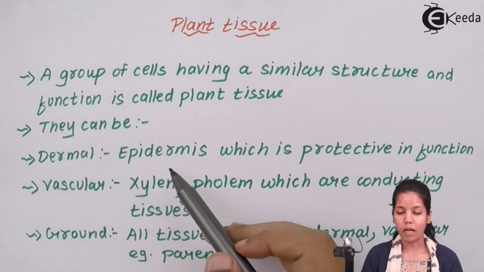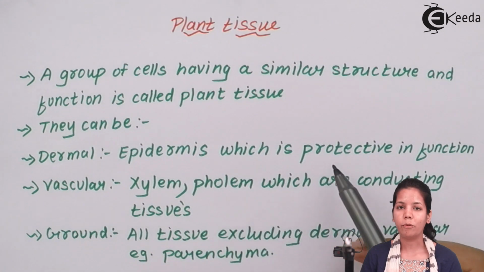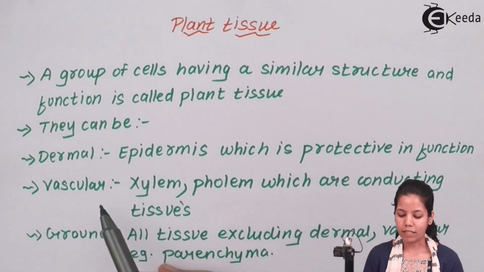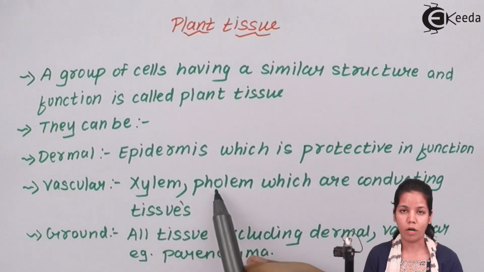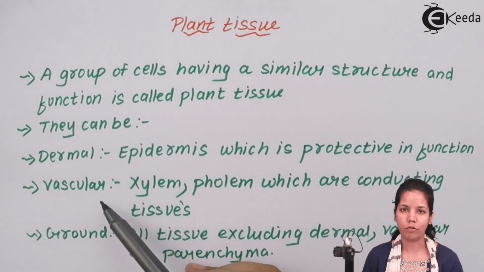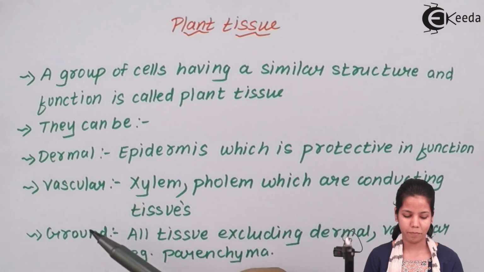Now, dermal tissues are present on the epidermis, or you can say the outer surfaces, and they provide protection, or you can say rigidity. Vascular tissues are xylem and phloem, which conduct water and food respectively. Ground tissues are all other tissues except vascular and dermal tissues. They are parenchyma, collenchyma, sclerenchyma, etc.